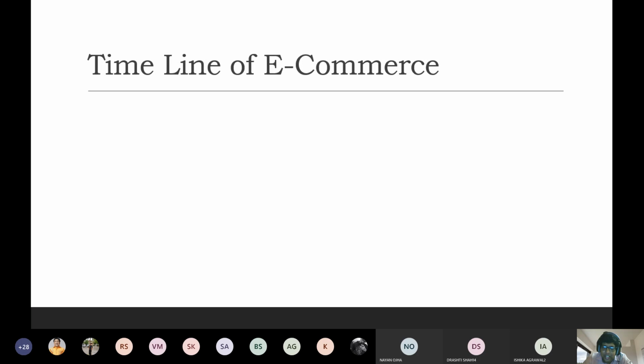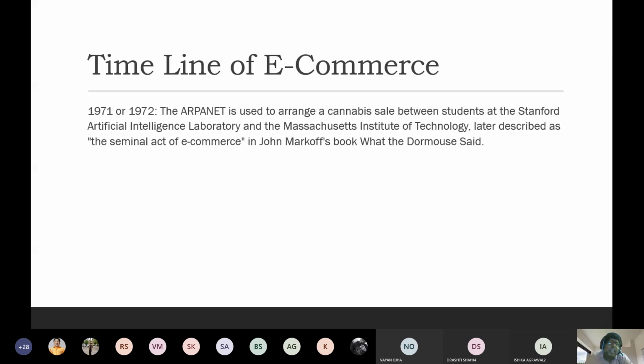It's weed, right? And it was in the year 1971 that ARPANET was used as the first ever medium to sell marijuana via e-commerce.